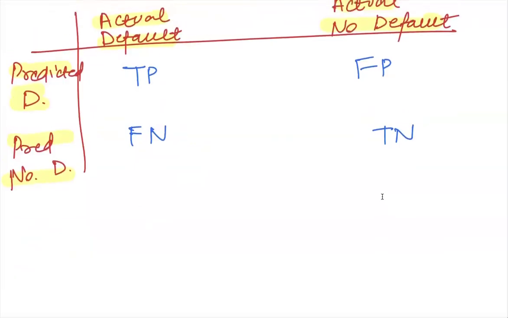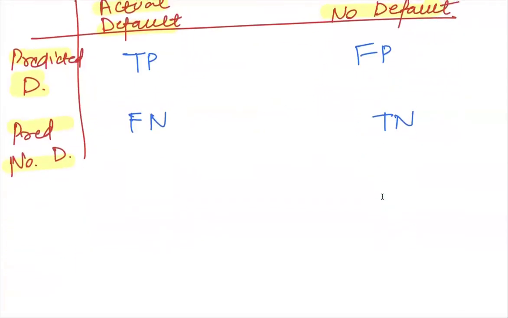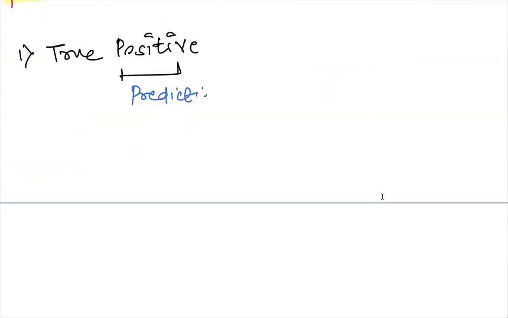As I said, this is true positive, false negative, true negative. But let's understand these terms. True positive. Always remember, the second term is the prediction.